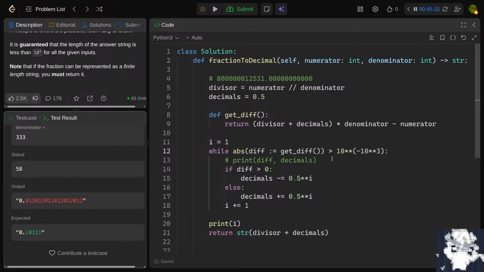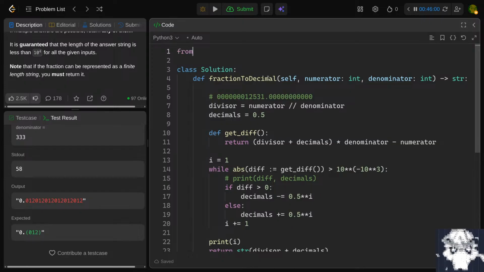Oh, at some point it stops working because my precision in Python is not high enough. Well, I can, from decimal, import decimal.